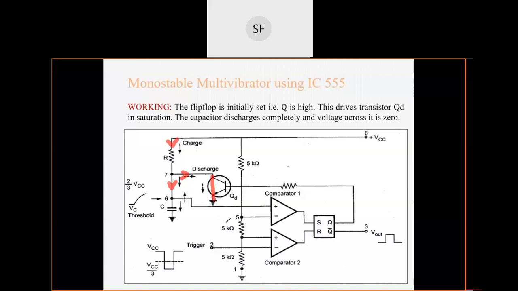If two paths are available to current, then which path will current choose? Current will always flow through the less resistive path. So out of these two, the path through the transistor is less resistive as compared to this. Why? Because the capacitor will offer some resistance to the current, but here there is a clear-cut road visible to it, there is no speed breaker.